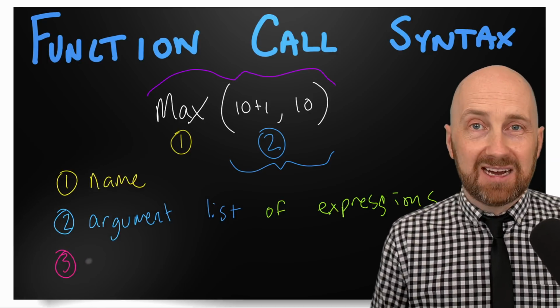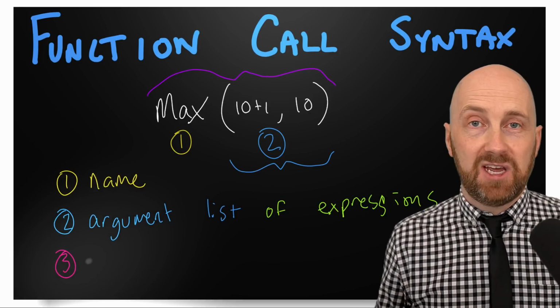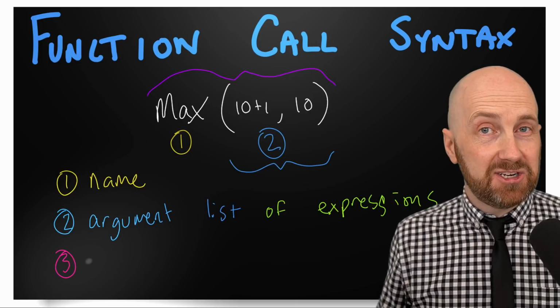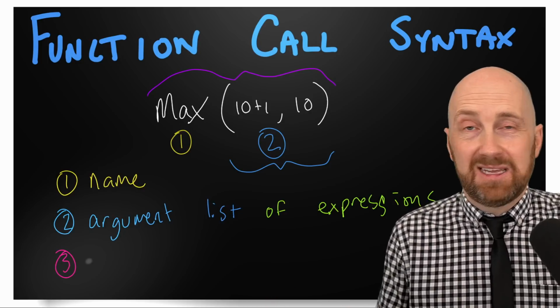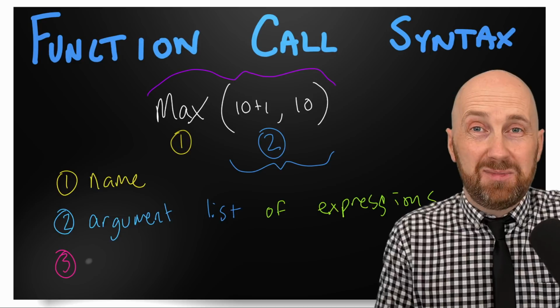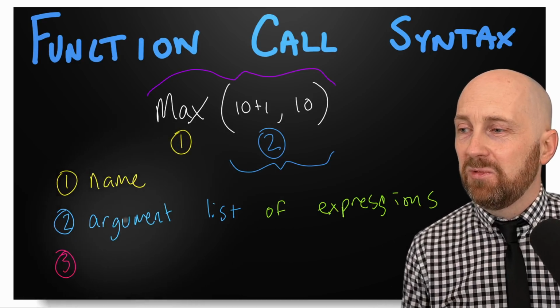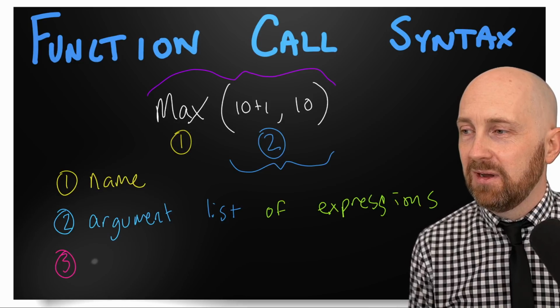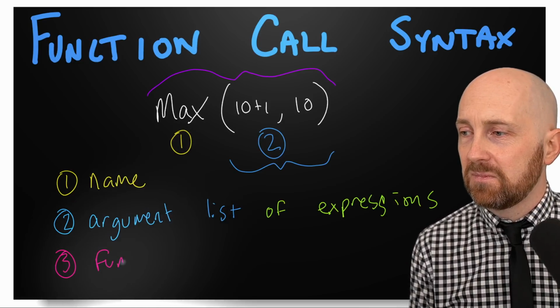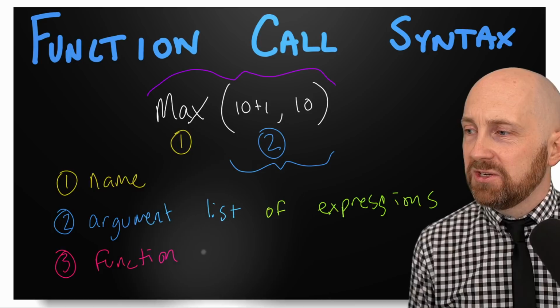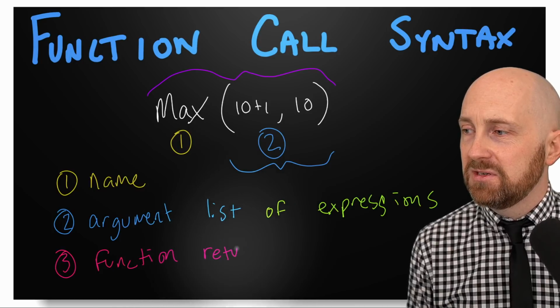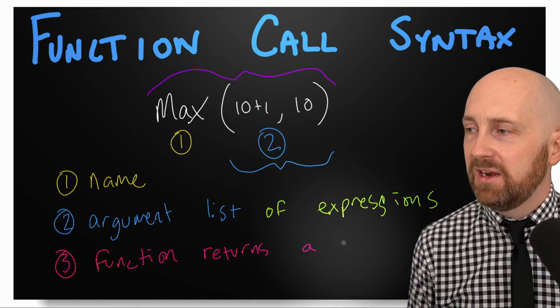So in the max case, if we ask what is the max of 10 plus 1 and 10, well, if it's an expression and it has to evaluate down to a single, in this case, integer value, that's going to be 11. 11 is greater than 10. So there's going to be some resulting type. So the function call results in a type or returns a specific type of data.